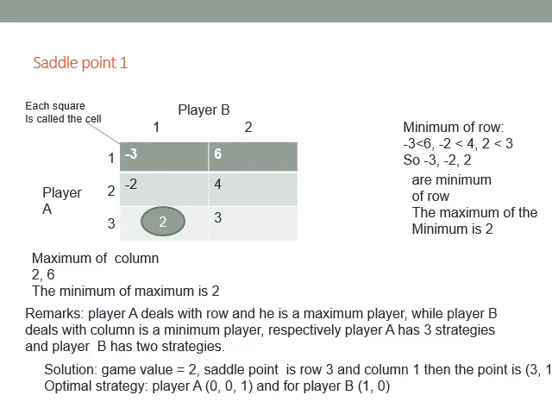Okay. The common value between minimum of row and maximum of column is 2.